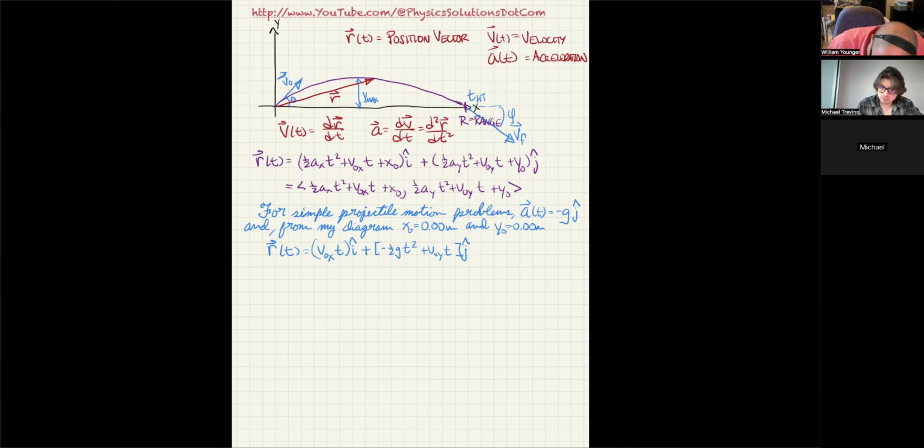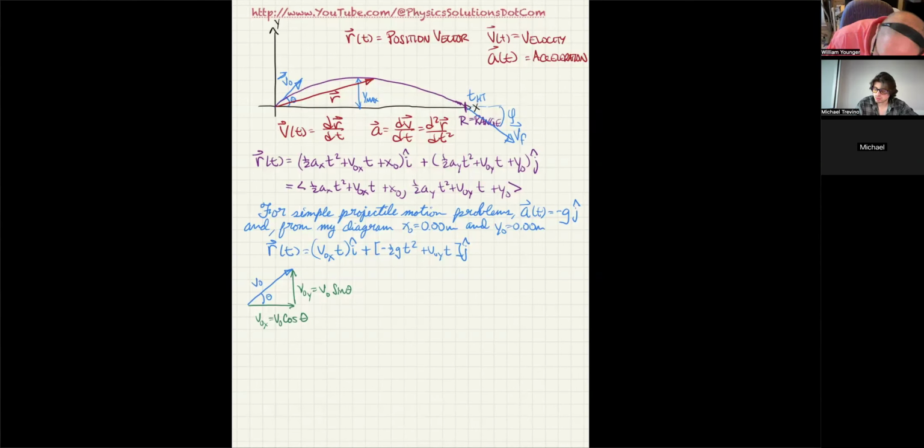Now, we have the diagram that shows the initial velocity is v0 and it's at an angle theta. And that, of course, has an x component and a y component. So v0y is just v0 times the sine of theta, and v0x is just v0 times the cosine of theta. Remember, cosine often gives you the x and sine often gives you the y, but not all the time.